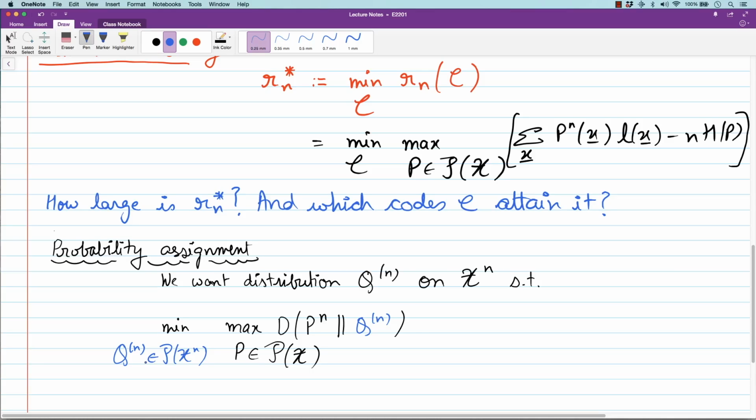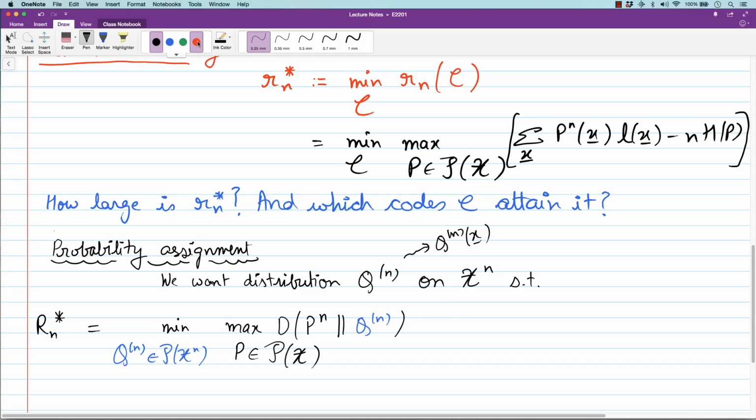We want to find out the Qn which minimizes this worst case distance, and this is something we'll call Rn star, capital R instead of small r here. So the goal here basically is to find this distribution, which will assign these probabilities Qn(x) for every sequence x, and we want to find an assignment which minimizes this.